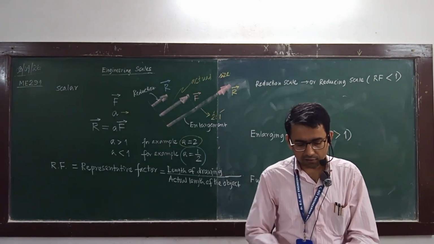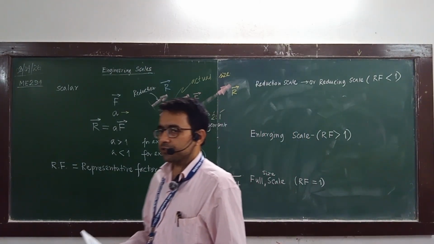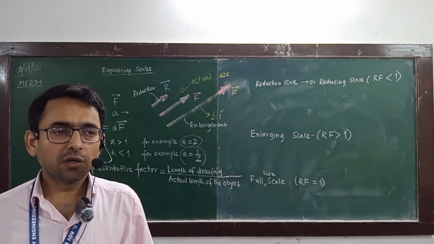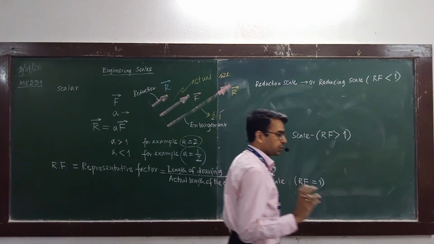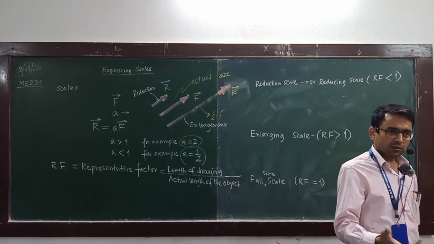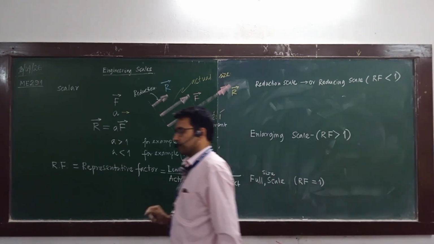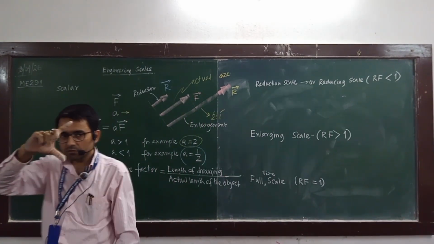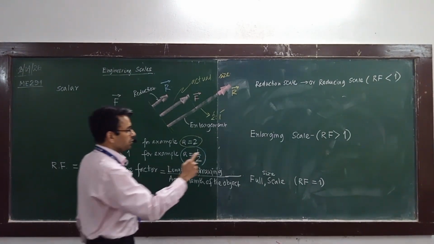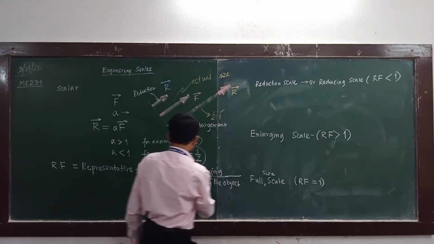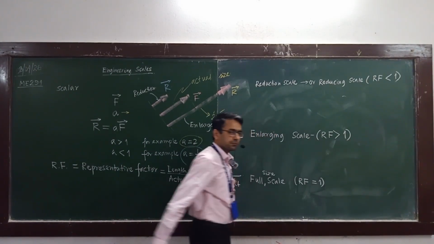So the idea of scale is clear. It is not always possible to draw the object with actual dimensions. So either we need to increase it or reduce it, depending on the size. If it is very small, I have to zoom it in, enlargement. So I will use a drawing size more than the actual size, and in that case RF is more than 1.